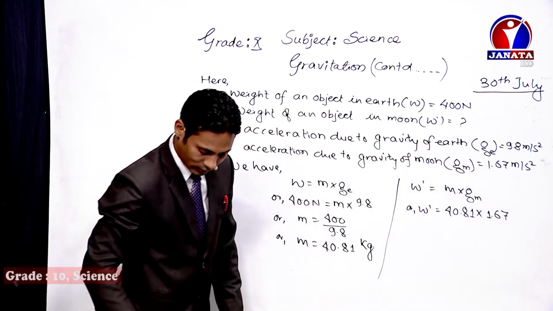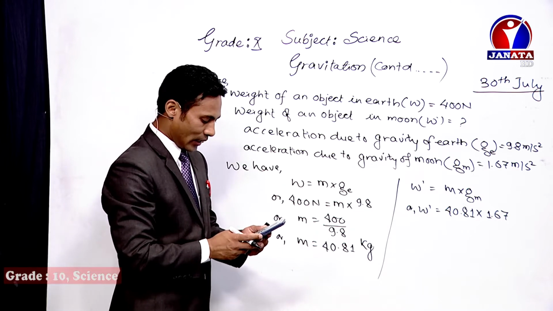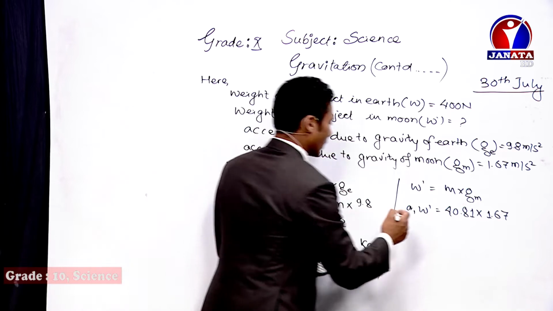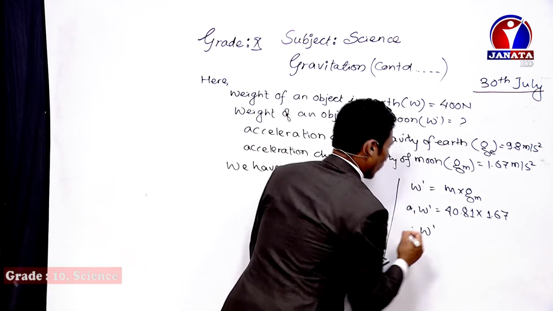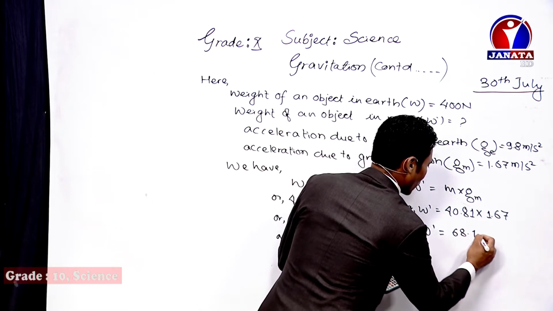So let's calculate this one. 40.81 multiplied by 1.67 gives the weight on the Moon of that object as 68.16.